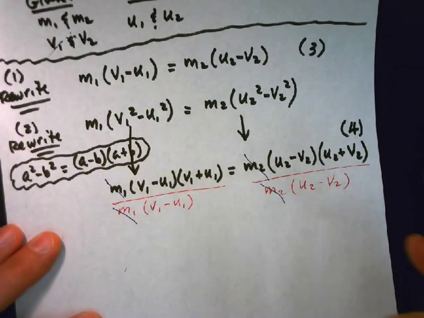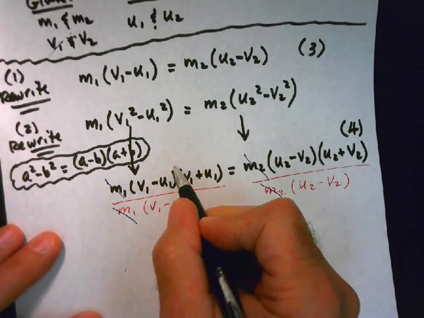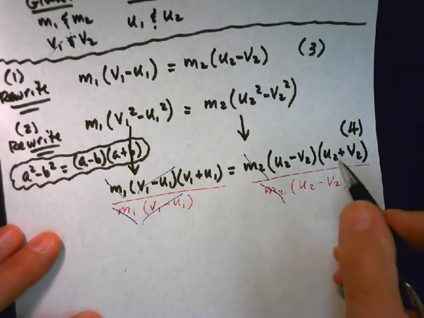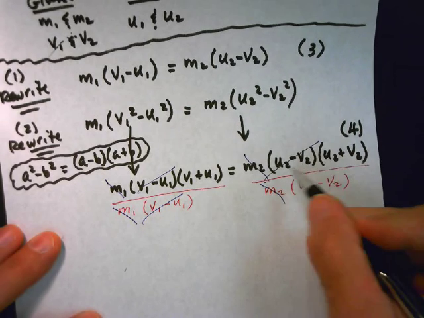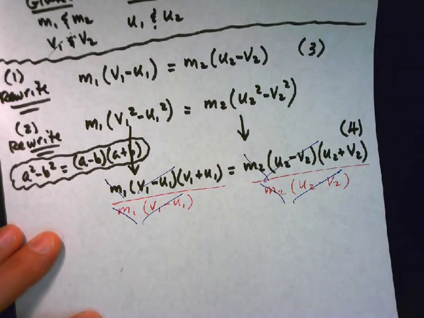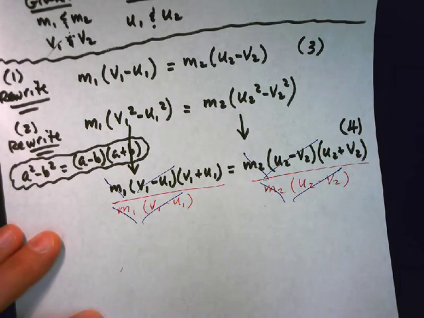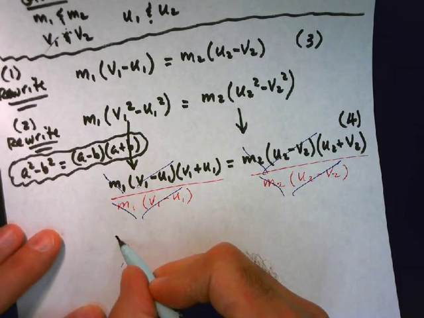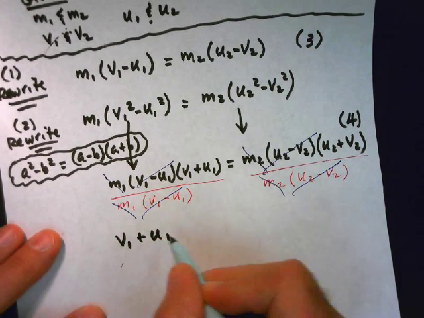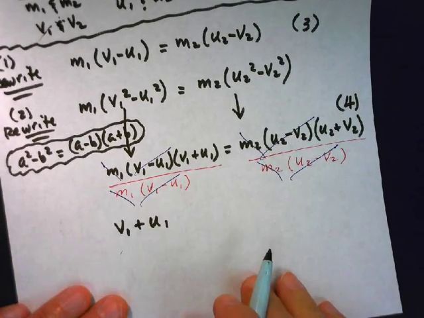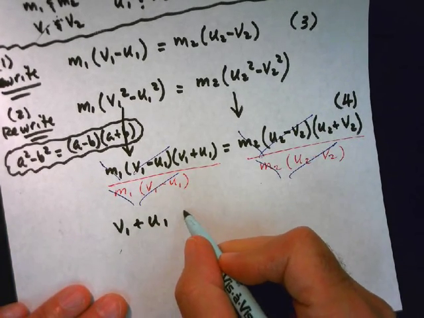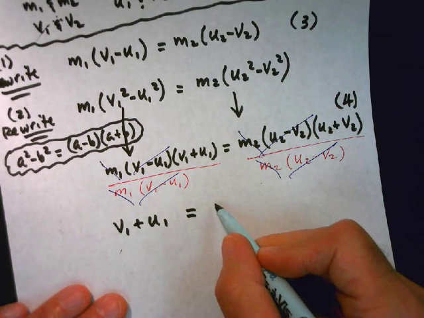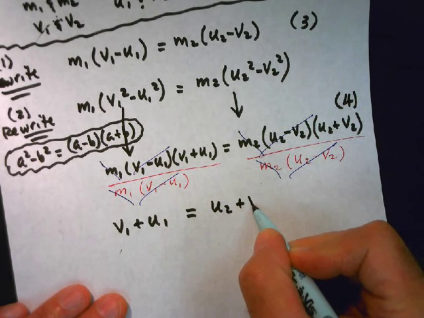We get v1 minus u1 dividing out over here, and u2 minus v2 dividing out here. And so what we're left with is v1 plus u1 on the left hand side, and that's equal to u2 plus v2.